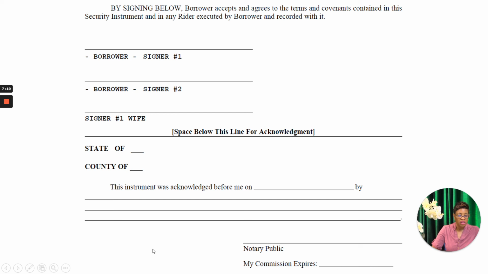Notary Public, when it expires, my stamp will go here. Of course, this is Mary Johnson, John Johnson, signer number 1's wife. Okay, maybe that wouldn't be Mary and John. Maybe that'll be Mark and John Johnson, and then Mark's wife. Got it? State of Texas, County of Harris.